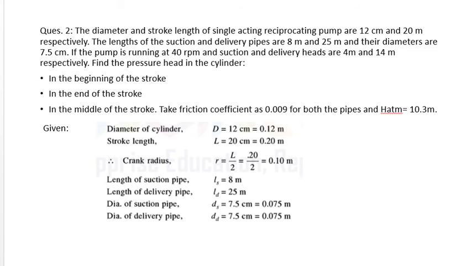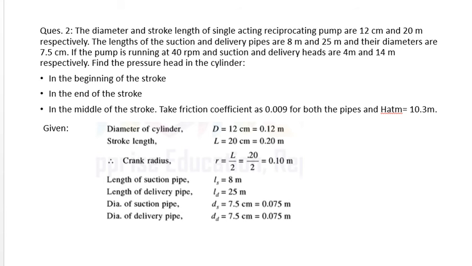Now we will discuss the next question. The diameter and stroke length of a single acting reciprocating pump are 12 cm and 20 cm respectively. The lengths of the suction and delivery pipes are 8 meter and 25 meter, and their diameters are 7.5 centimeter.